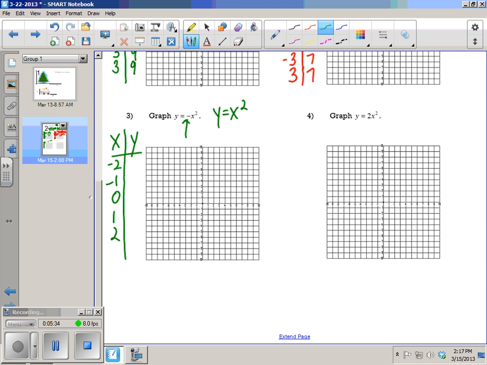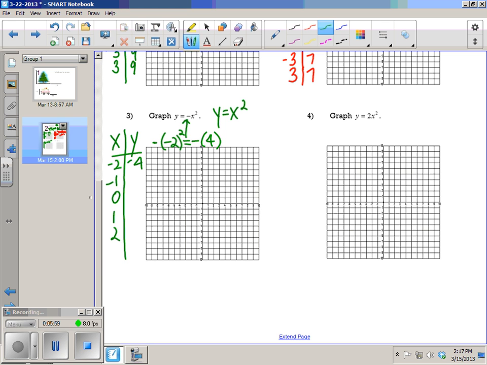So negative 2 squared was 4, but now I have negative x squared. So I'm taking the negative 2 and squaring it, but I have a negative out in front. So that gives me a negative and then the 4. So really it's just a negative 4. So I can take all the values from example number 1 and just negate them.